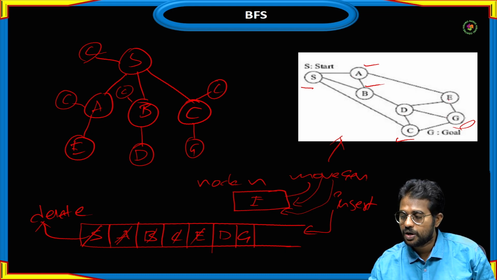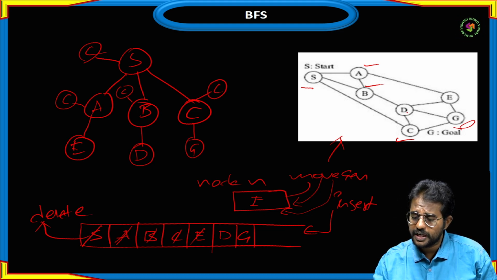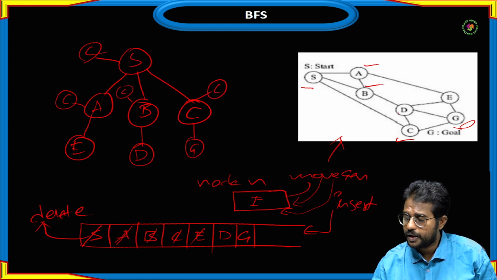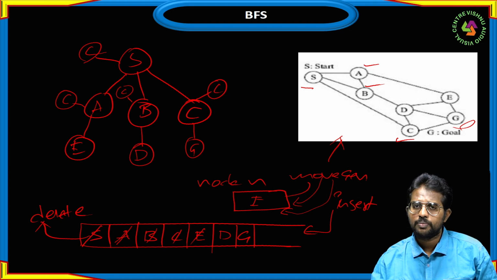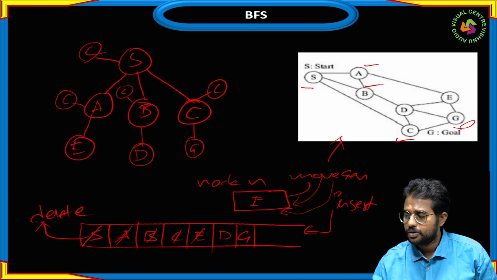A is already in closed, D is already in open, and G is also in open. So there are no newly generated nodes from E, and I'm not going to add any successors of E.